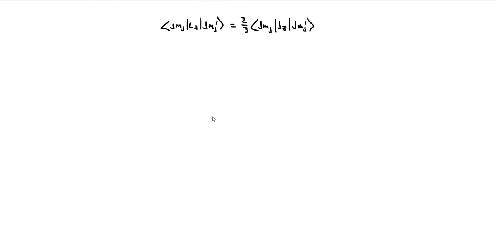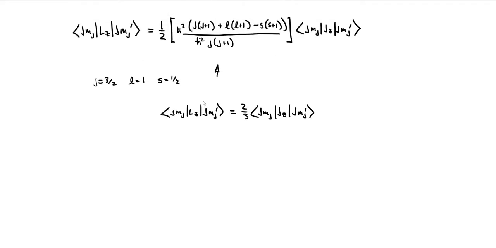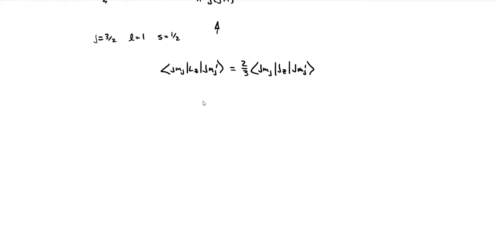So we've generalized this result of how to write the L_z operator in terms of a J_z operator for any j and m_j values. We can do the same thing for the S_z operator, and we can use that to see what our energy shifts due to that Zeeman term are.